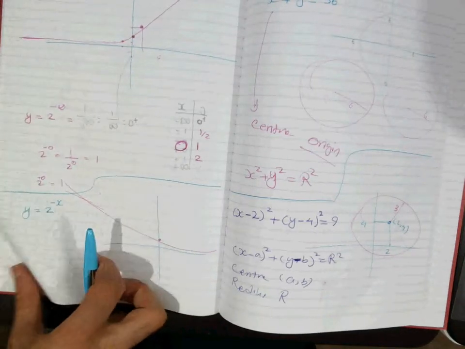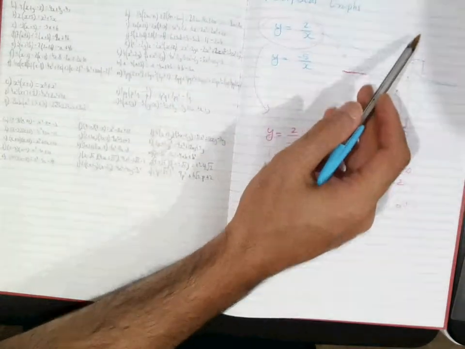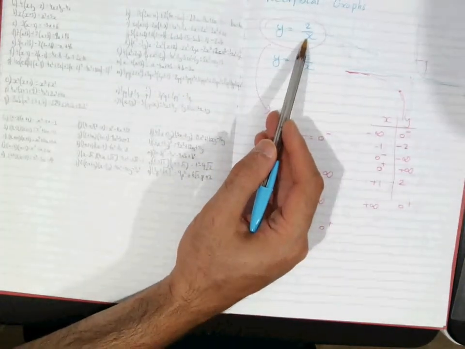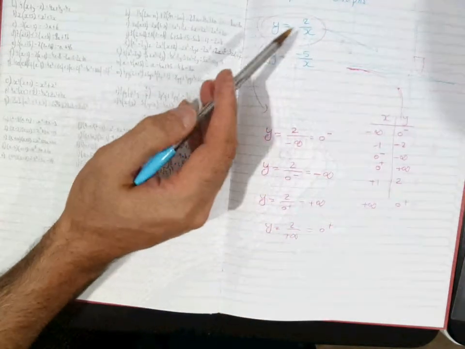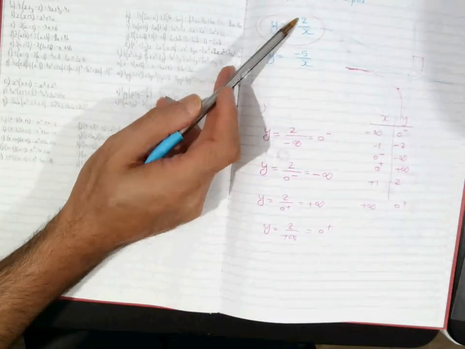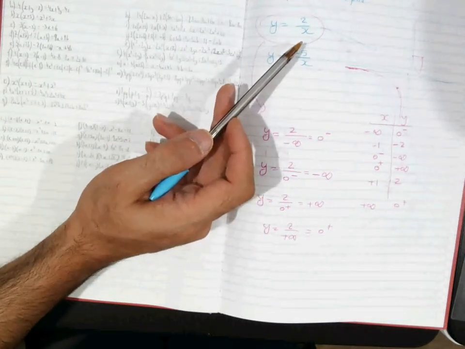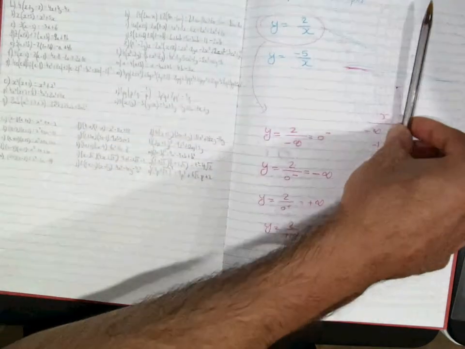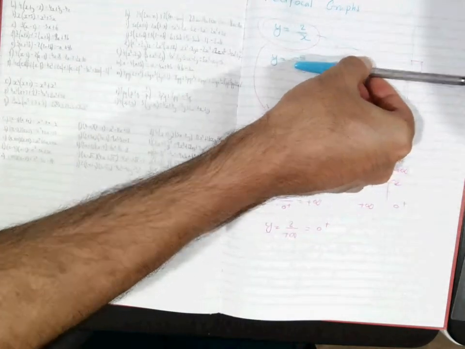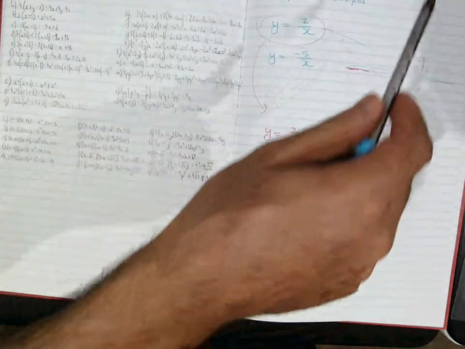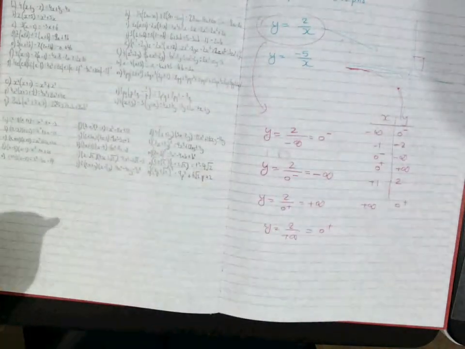Just as an example, why do we get these? Because x equals 0 is not defined. And if we rewrite that, we can even say x equals 2 over y, so y equals 0 is also not defined. So it would never touch this line, and it will never touch that line, which are the x and y axis.